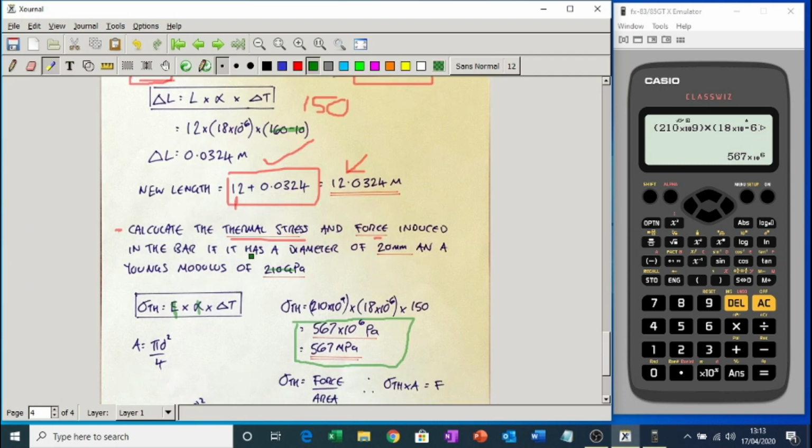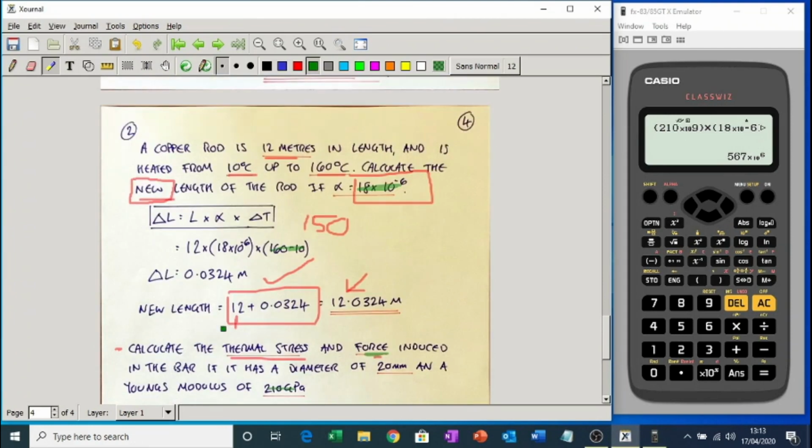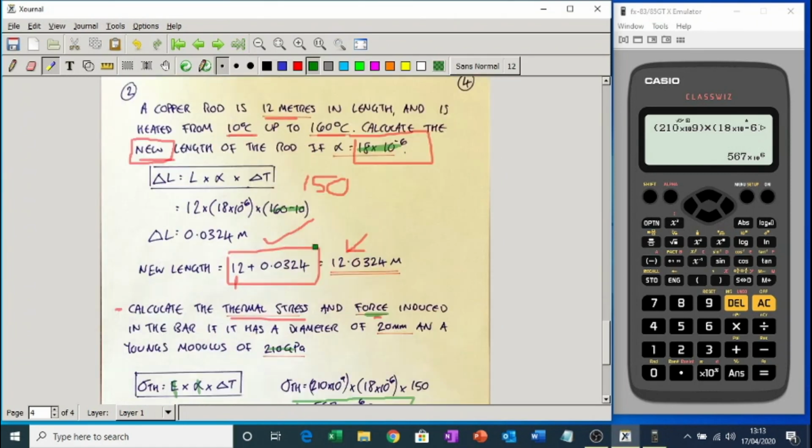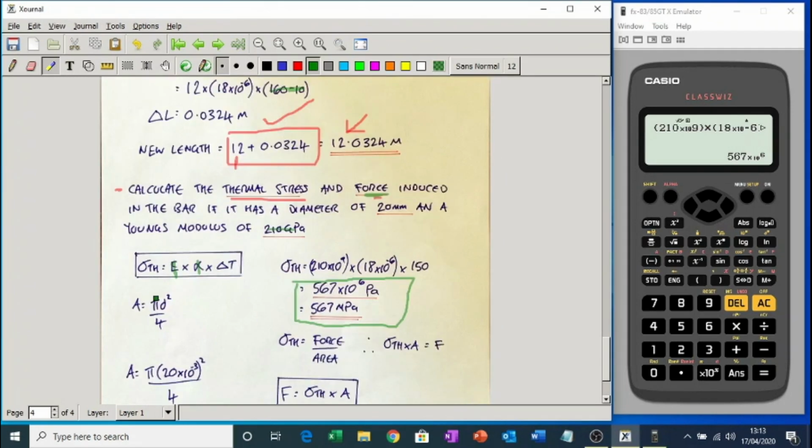We need to find the force now, just like we did up here. Stress is force over area, so force is going to be stress times area. So I'll work out area: pi d squared over 4. My diameter is 20 mil.